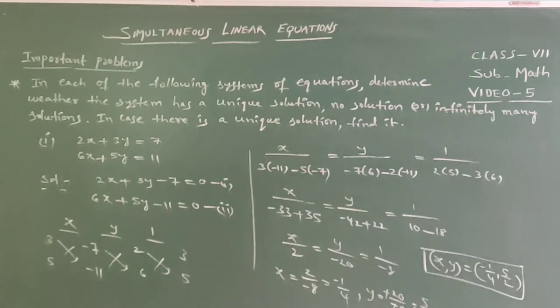Here x by 3 into minus 11 minus 5 into minus 7, y by minus 7 into 6 minus 2 into minus 11, 1 by 2 into 5 minus 3 into 6. x by minus 33 plus 35, y by minus 42 plus 22, 1 by 10 minus 18. x by 2, y by minus 20, 1 by minus 8. x equal to 2 by minus 8 equal to minus 1 by 4, y equal to minus 20 by minus 8 equal to 5 by 2. The required solution is minus 1 by 4, comma 5 by 2.